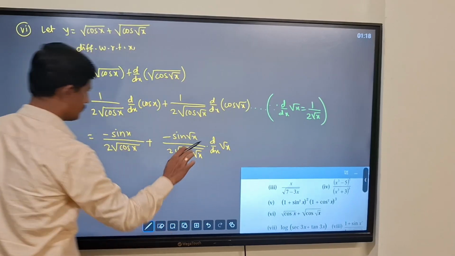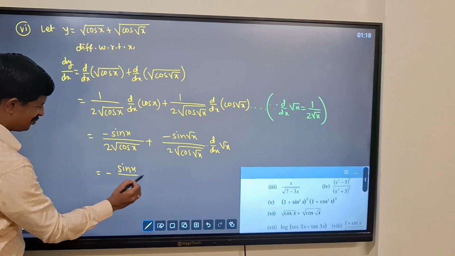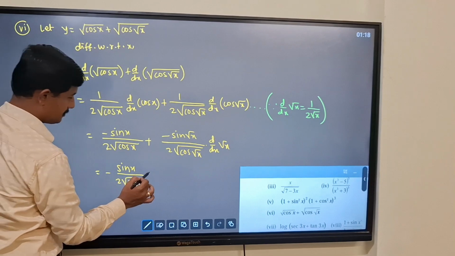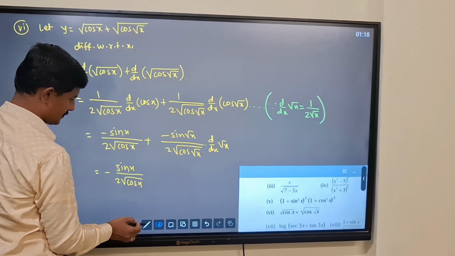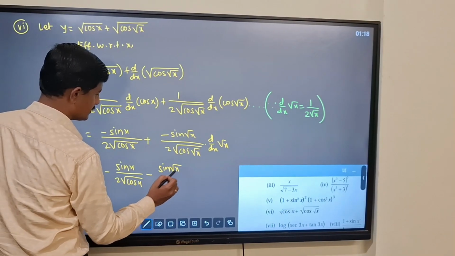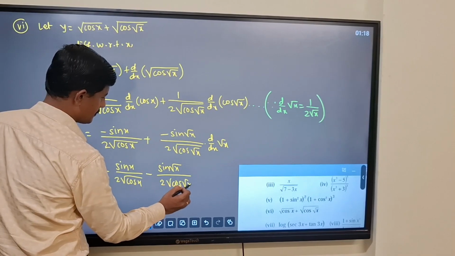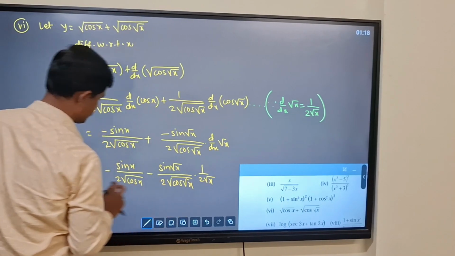Again we will use that formula at that step. This becomes minus sin x upon 2 root cos x, plus, sorry, not plus, this becomes minus sin root x upon 2 root cos of root x, and this becomes 1 upon 2 root x.